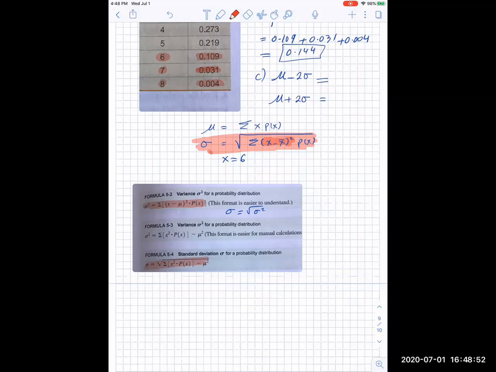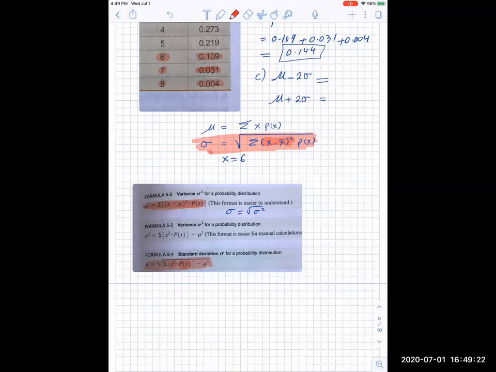Yeah, that's the one I was looking at. So you can use either one, and you will get the same standard deviation. In this one, you square each x value, multiply by the probability, find the sum, and then subtract the mean squared. I usually use the first one. Okay.